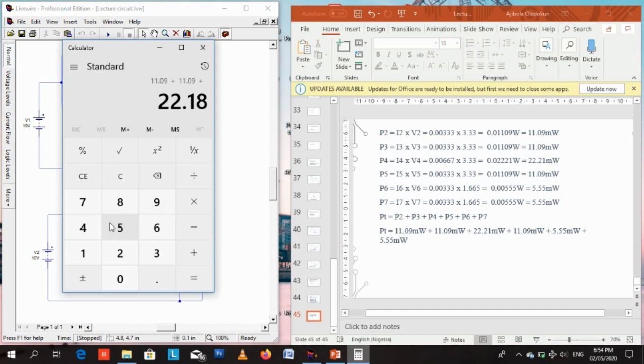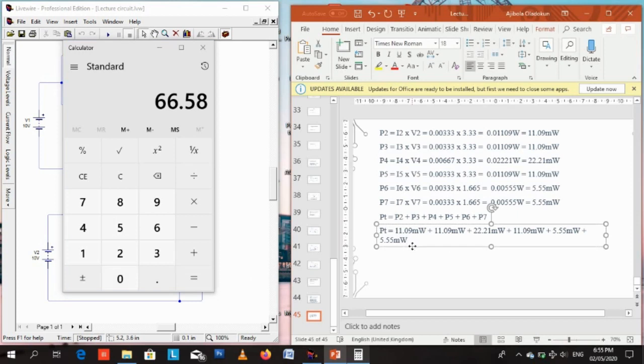So 11.09 plus 11.09 plus 22.21 plus 11.09 plus 5.55 plus 5.55 equals 66.58. So 66.58 milliwatts is the total power consumed by all the loads in the circuit.